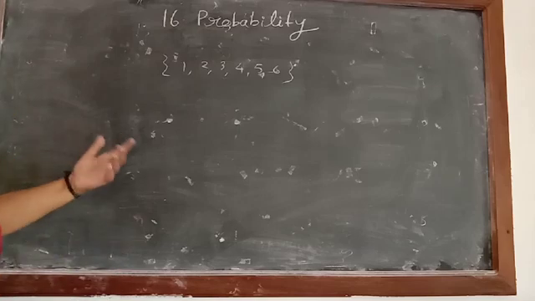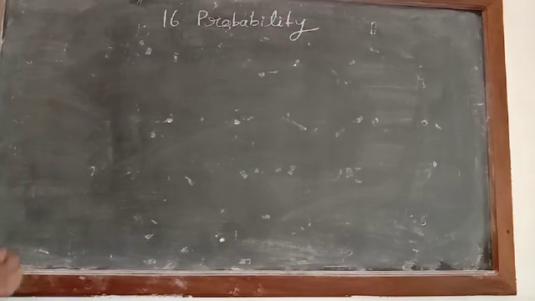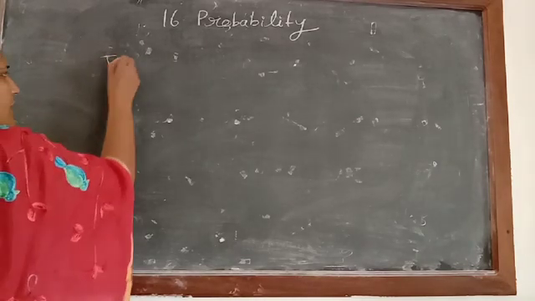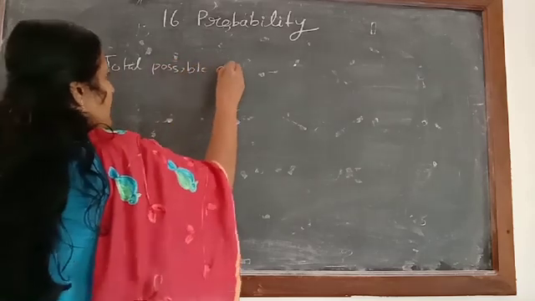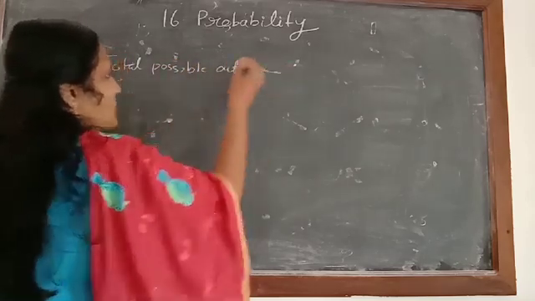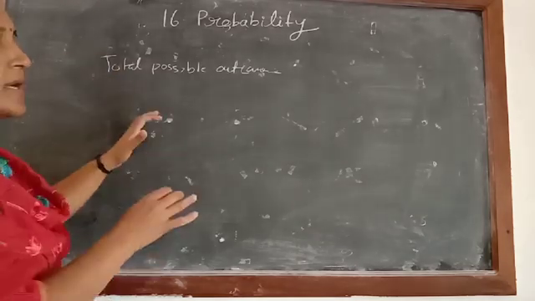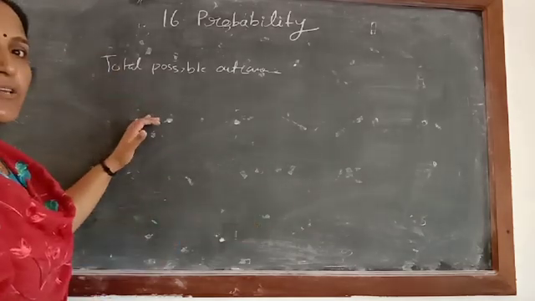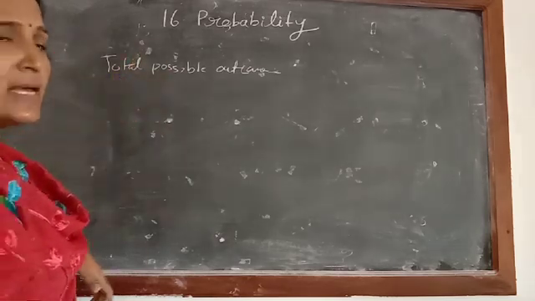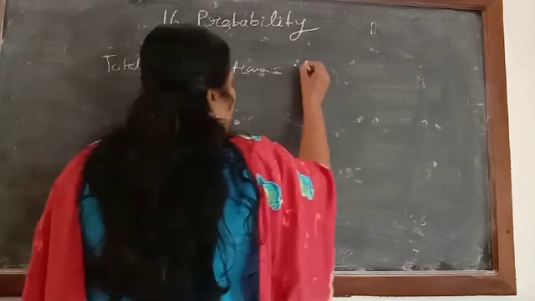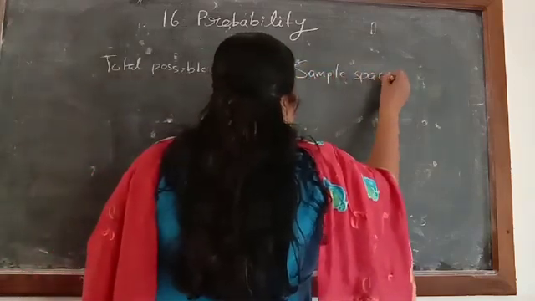Now when we are writing the outcomes, first we write the total possible outcomes. Now we will write the possible outcomes in terms of set notation, and the total possible outcomes will be called the sample space.